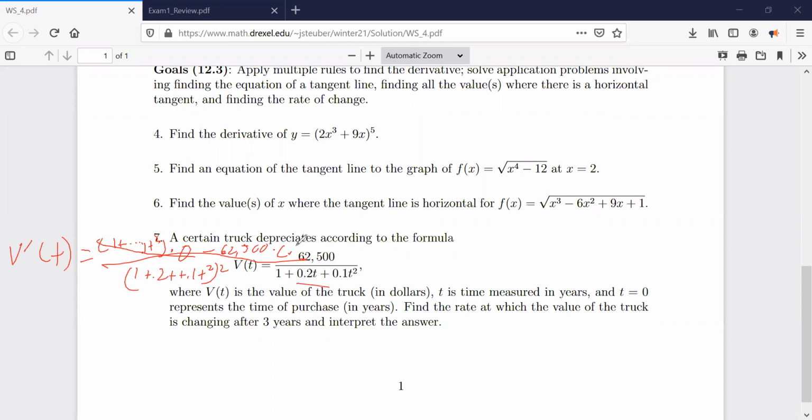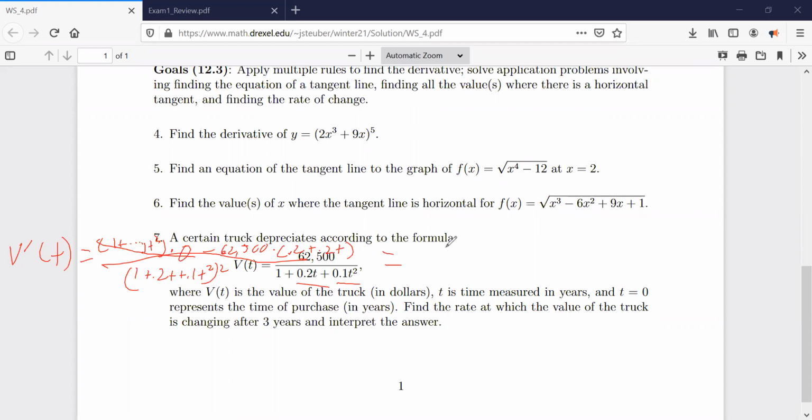This guy becomes 0.2. This guy becomes 0.2t. So the whole thing then becomes equal to... is it worth simplifying this?